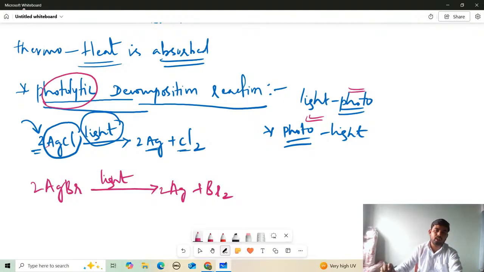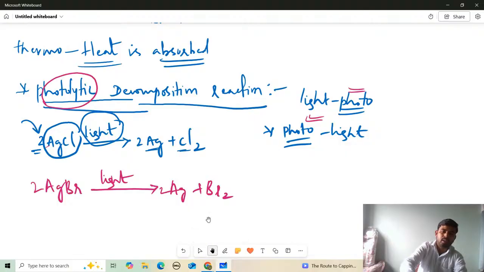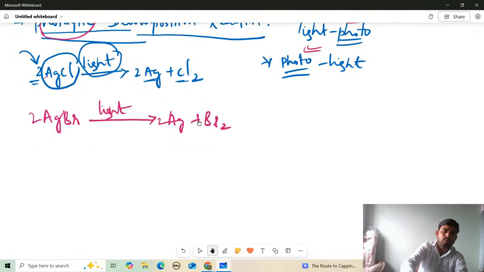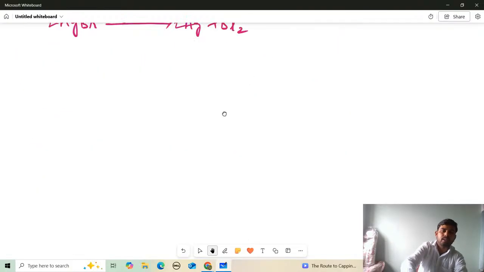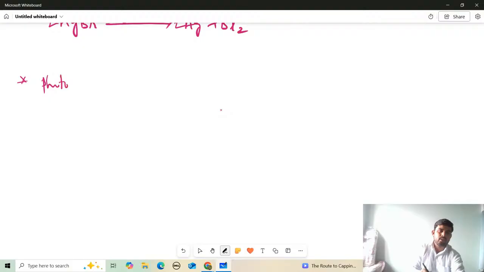Now here, one more doubt will be there for some students. What about photosynthesis reactions? Here is a photosynthesis reaction, let me write it here.